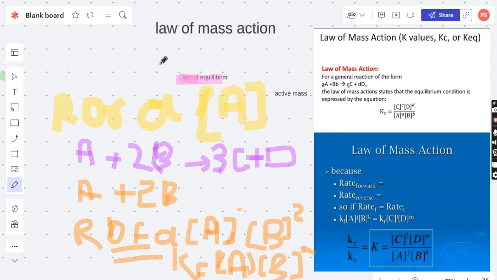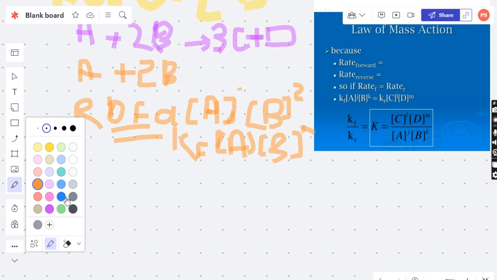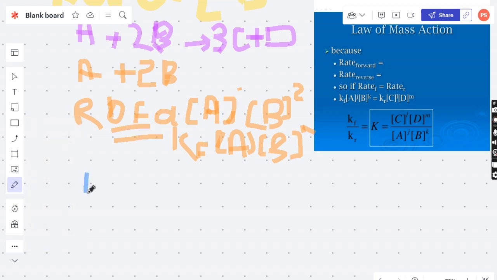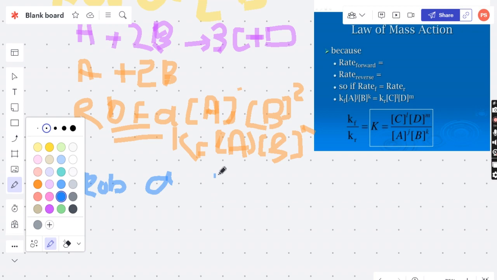Now we're going to write the rate of the backward reaction. The rate of the backward reaction is directly proportional to the active mass of C. As you can see here, the moles are 3, so C has power 3, and then D with power 1.